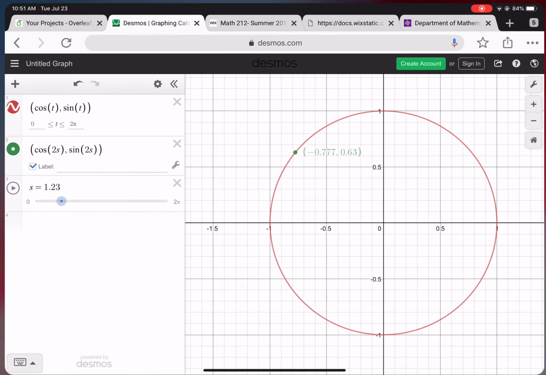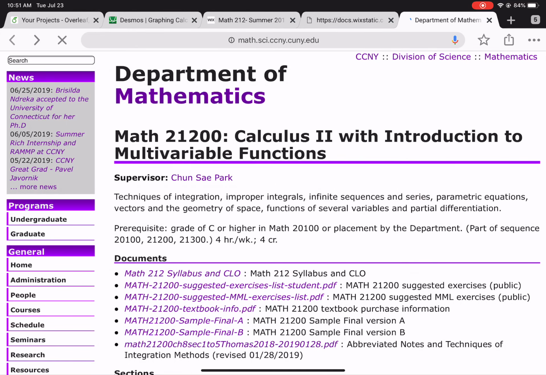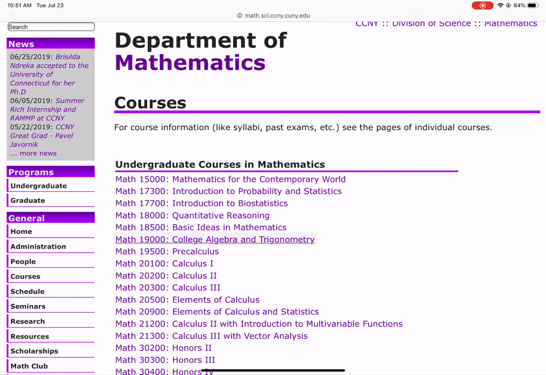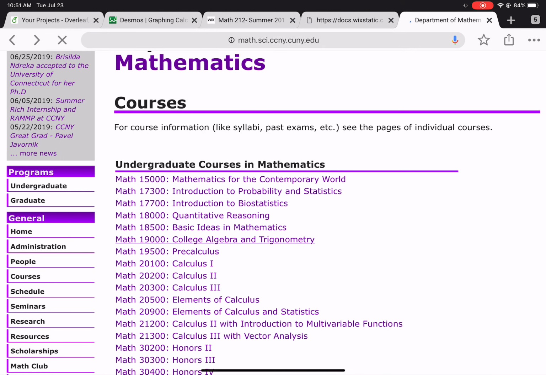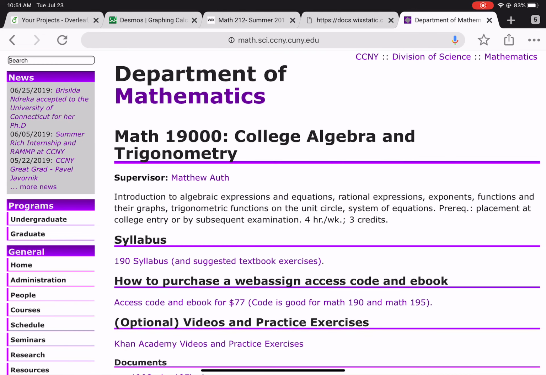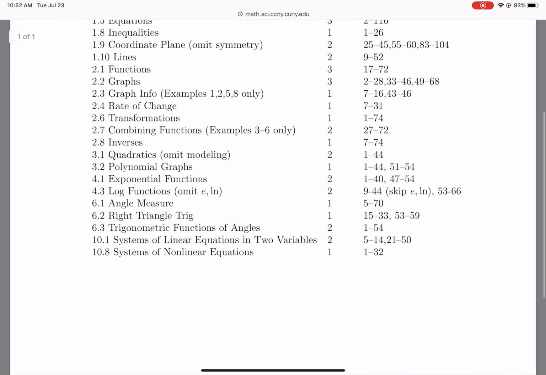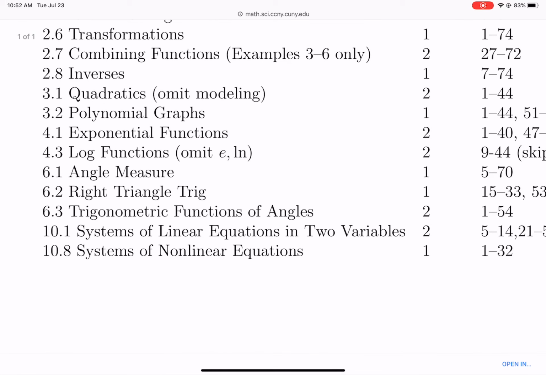In our syllabus, we have this. Yeah, this one right here. So Math 190, the syllabus will look like this. This is where we are right now, in 6.2. The next thing will be 6.3. In 6.3, we're going to talk about trigonometric functions and the angles between them, and this is where we're going to define what a reference angle is.